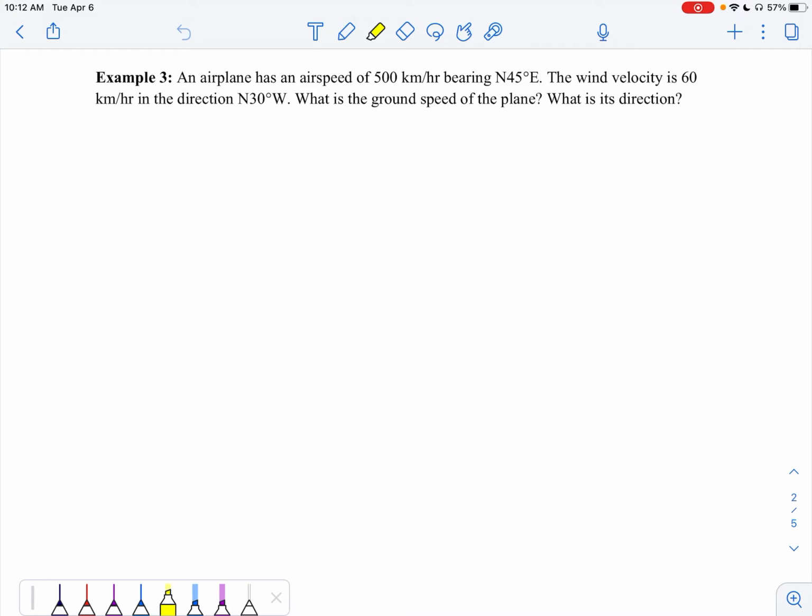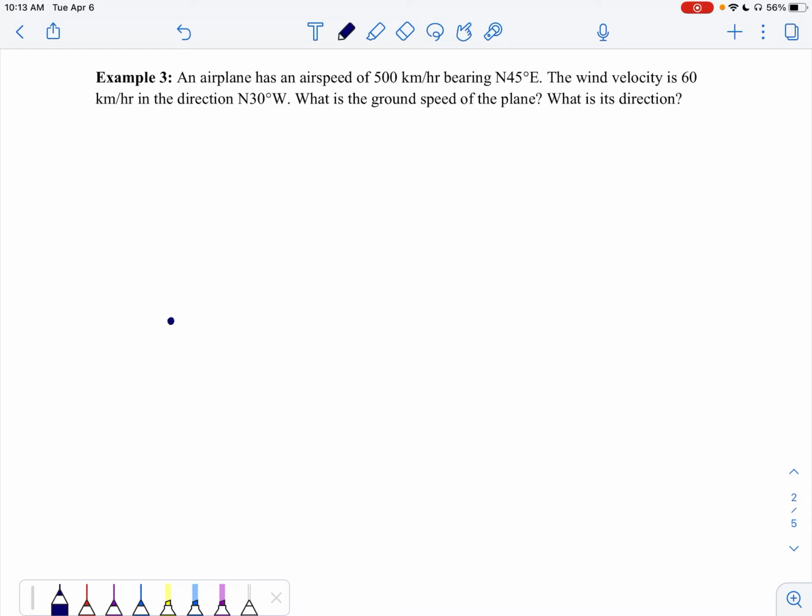Okay, there's a lot of different pieces going on in this one, so definitely I want to start by sketching it out. So we're going to have our airplane. Now think about your directions here. It says the airplane is going in a direction of north 45 degrees east.